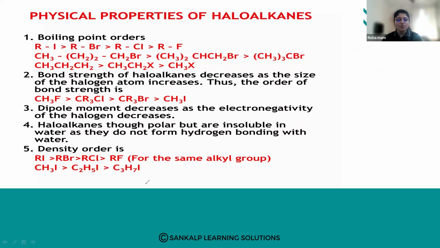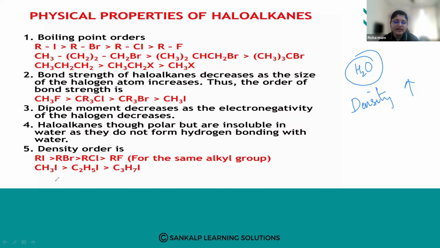Your bromo, iodo, and other derivatives of hydrocarbons, as compared to water, are very heavy. Density will increase with the increase in number of carbon atoms, halogen atoms, and atomic mass of the halogen atom. So as compared to hydrocarbons, haloalkanes have comparatively more density.